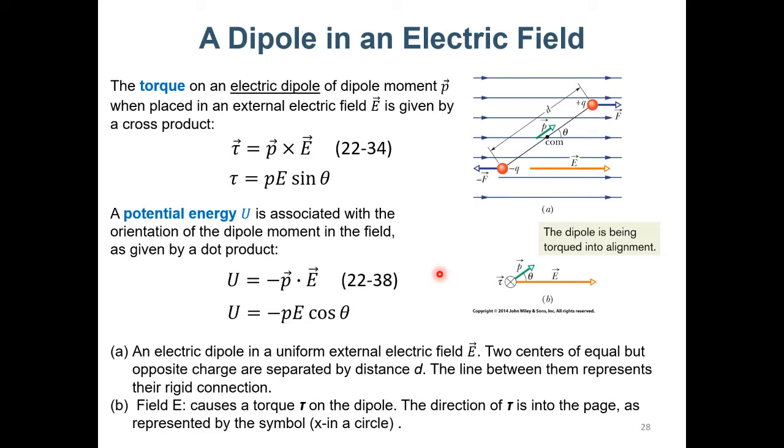So it has a very large kinetic energy, so it will go up to here. And then all the kinetic energy will turn to potential energy.